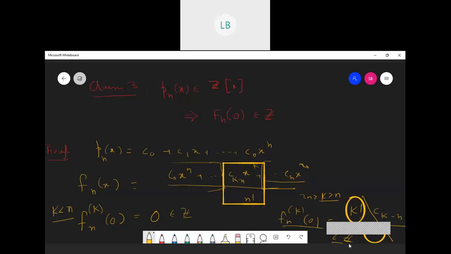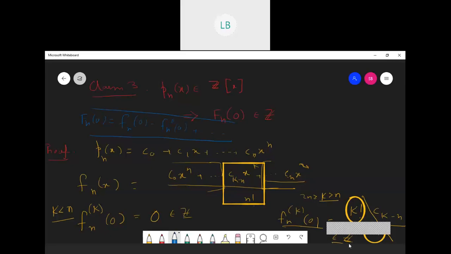Now if that is the case, then let us think about this. What about F_n of 0? F_n of 0 is nothing but f_n(0) minus f_n double prime (0) and so on, right? Now each of the terms we have showed are integers.